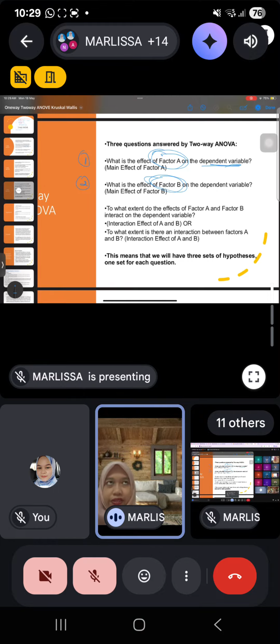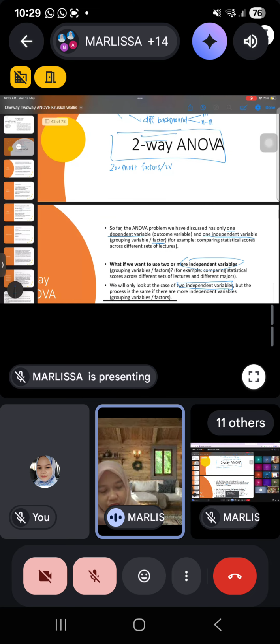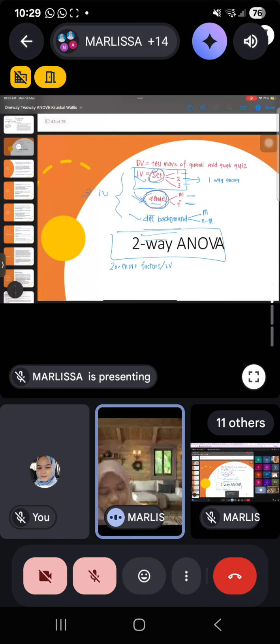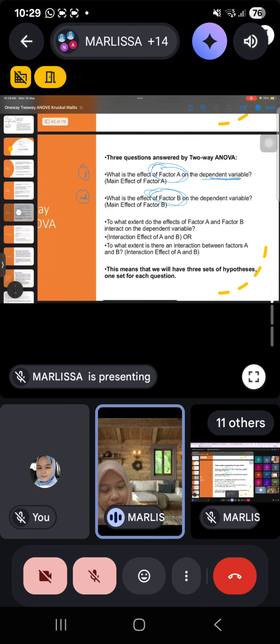If we look at the example that I gave to you, the sex and the gender. So if you look at here, this should be: what is the effect of sex on the quiz performance?